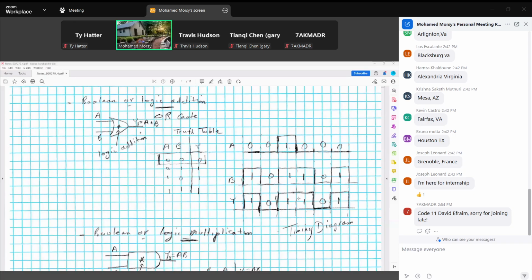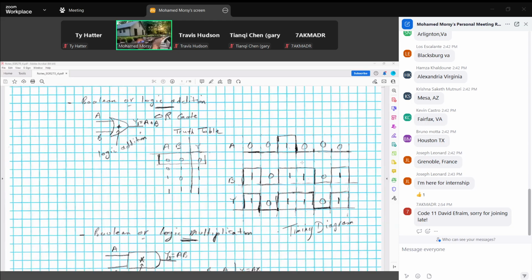So what is the output stream? What is the output Y? If the inputs are streams of bits, definitely we will get the corresponding stream at the output.